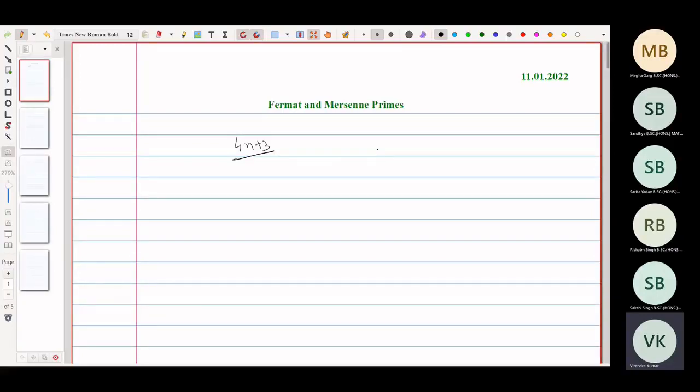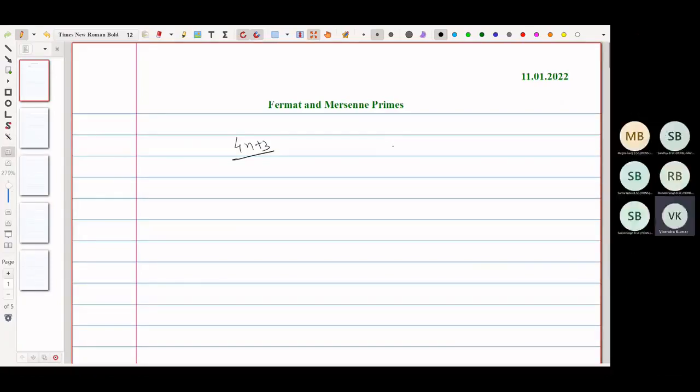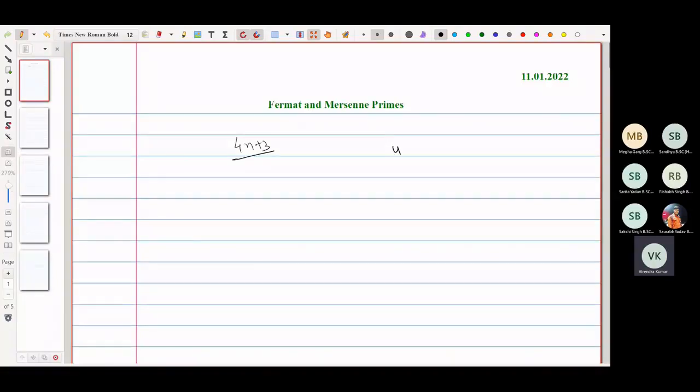a method where we used the concept that the product of two numbers of the form 4n plus 1, or two or more numbers of this form, is again a number of this form.